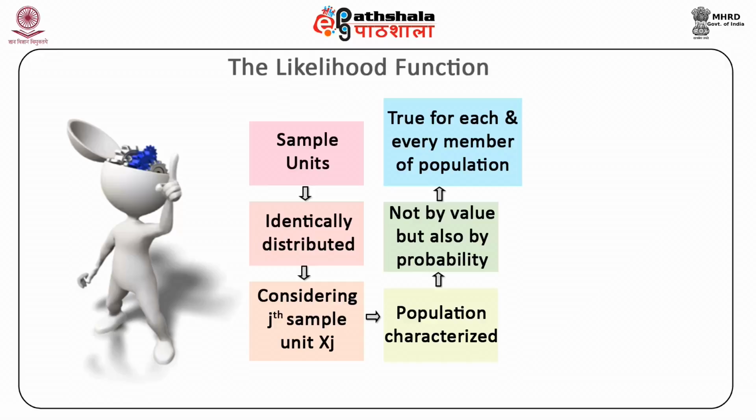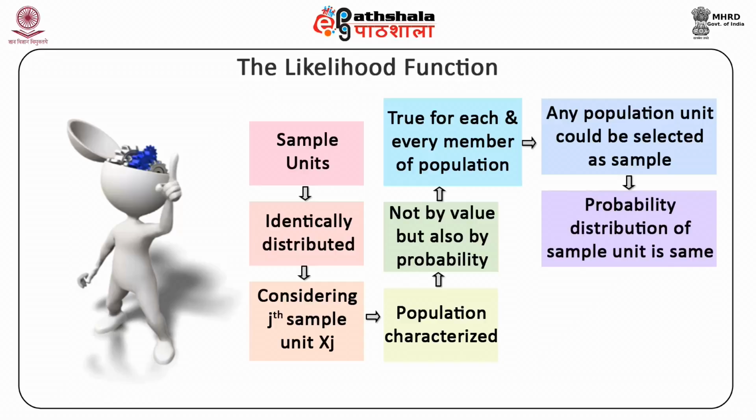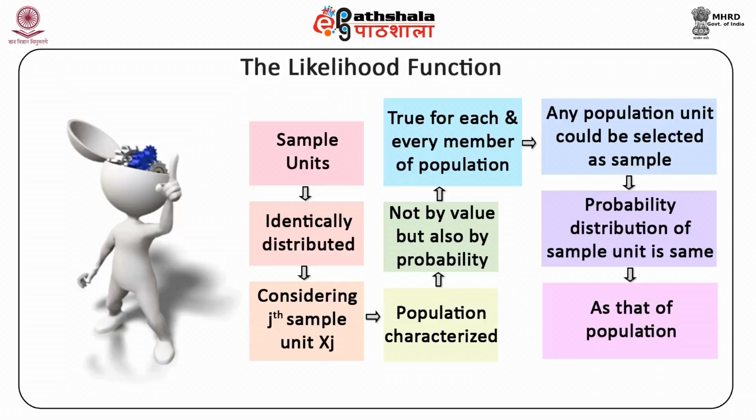Since this is true for each and every member of the population, and any one of the population units could theoretically be selected as the jth sample unit, the probability distribution of the jth sample unit is the same as that of the population.